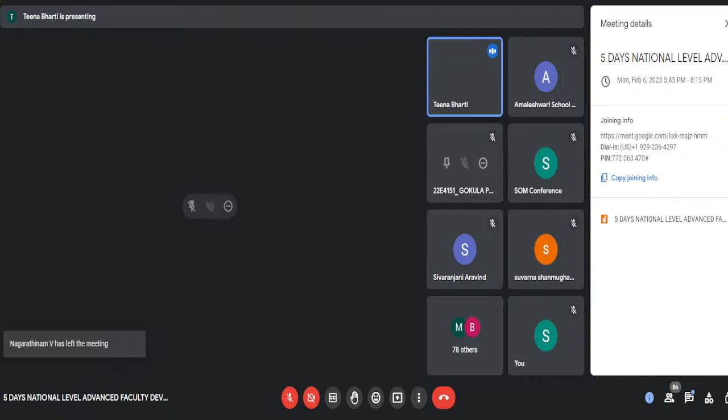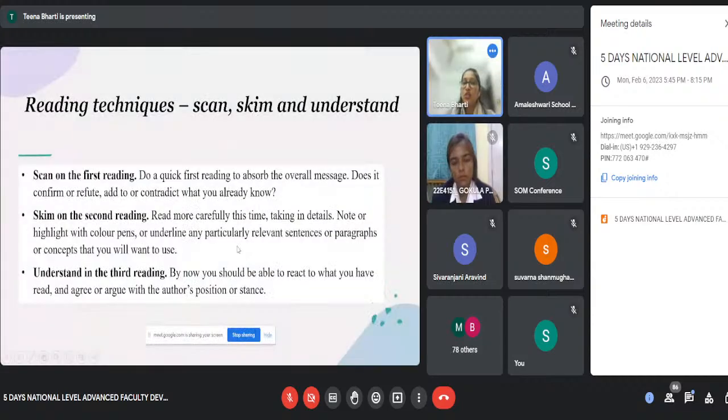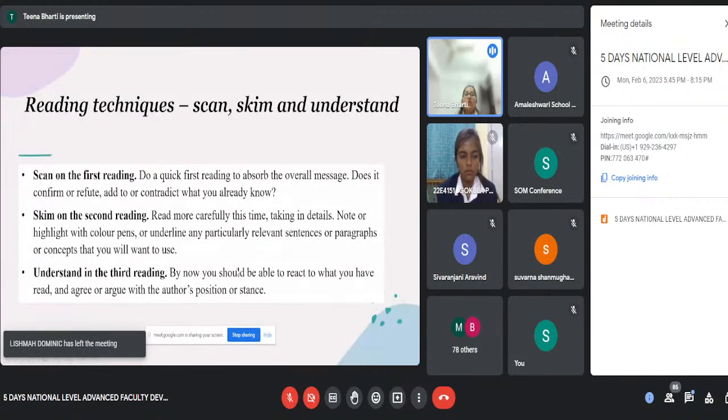You skim on the second reading, meaning you read more carefully. You note what is there and what is relevant, which can be helpful in your article. And lastly, understanding in the third reading. Why do we say understanding in the third reading? Because you are trying to position your article.